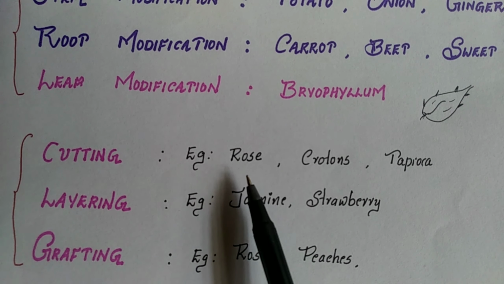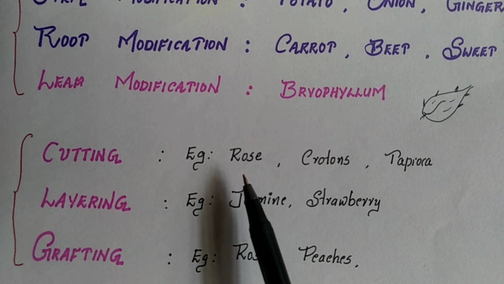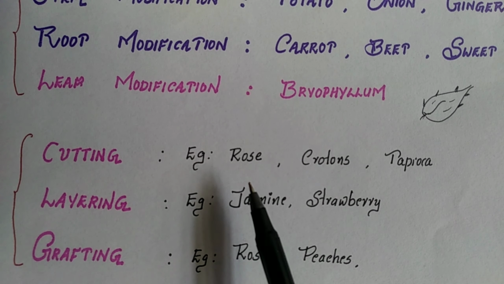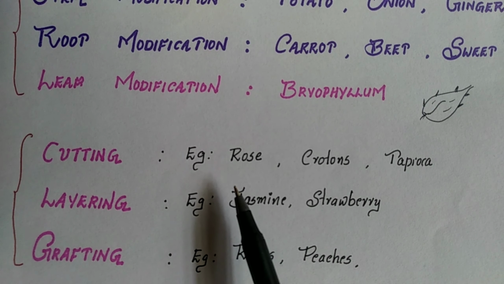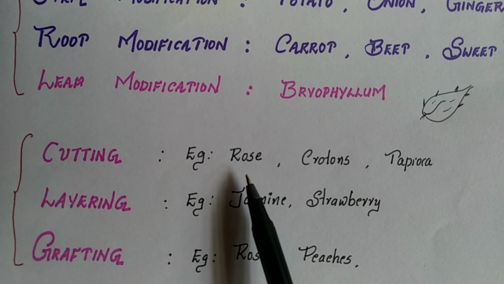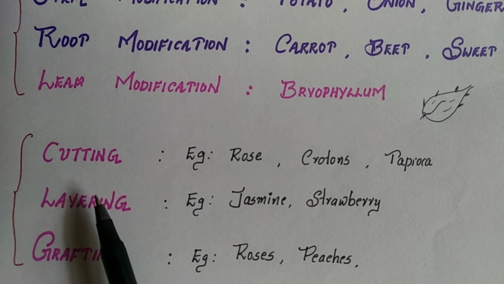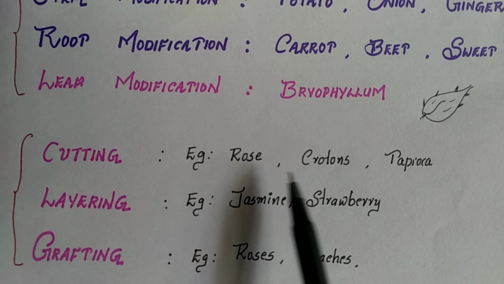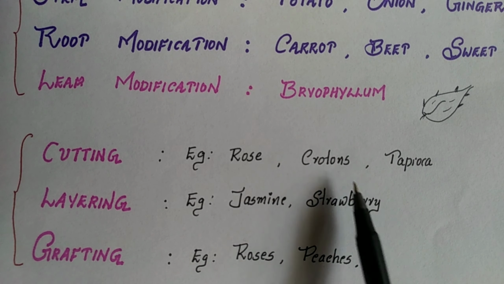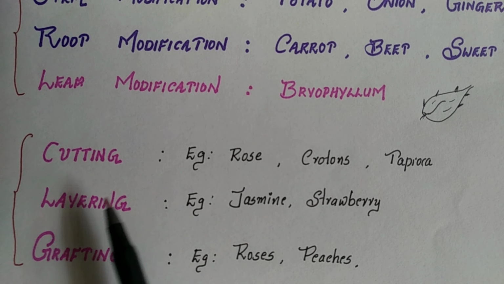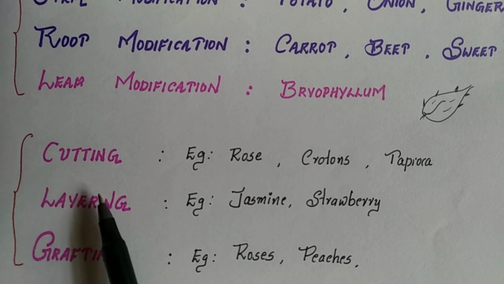If all the conditions are favorable for further growth of that cutting, then it will develop into a mature plant. So this is the practice of vegetative propagation by stem cutting, in the case of rose, crotons and tapioca.